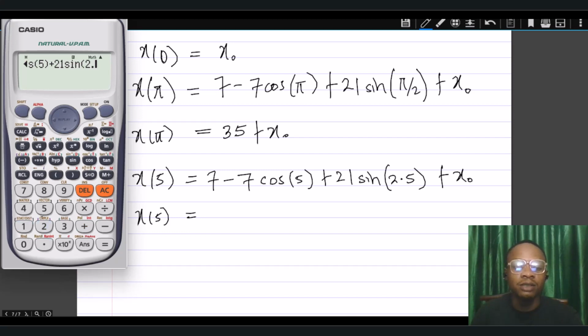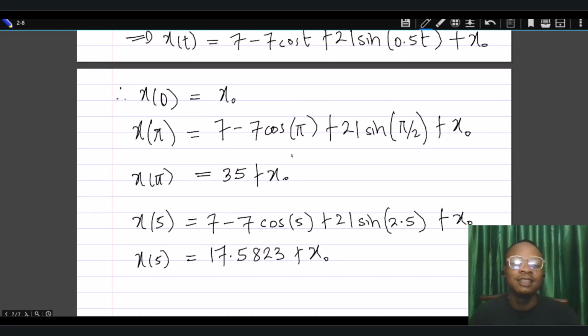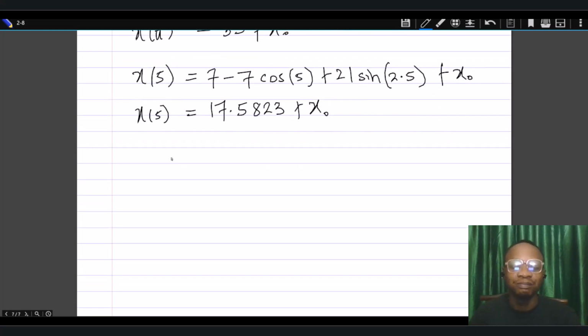So 21 sine 2.5 is 17.5823, then plus x naught. With this, we are good to go.